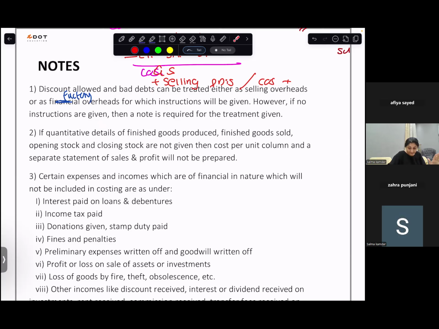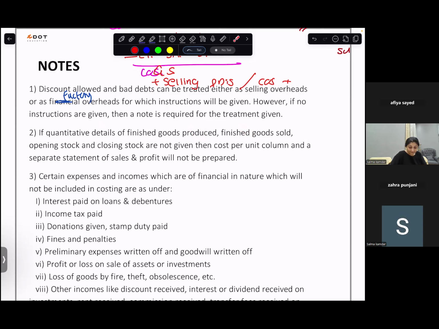Second thing, they will not tell you to prepare a cost per unit column, but you should know it directly. If you have quantitative details of finished goods produced, finished goods sold, and opening and closing stock of finished goods, then a cost per unit column will be prepared.